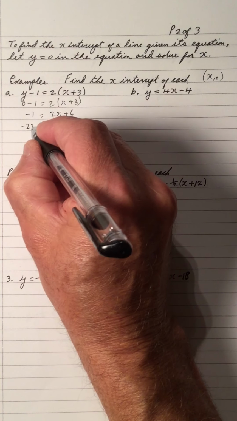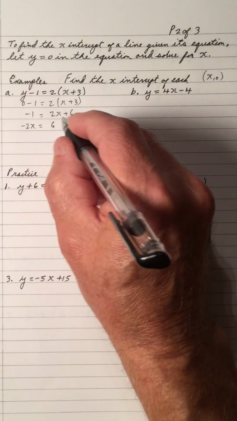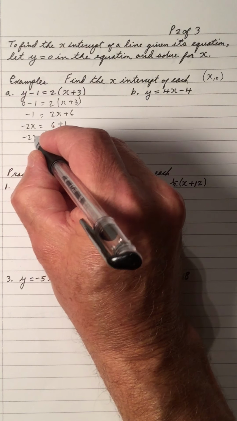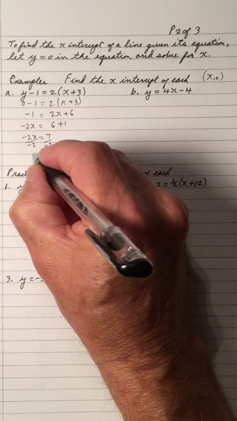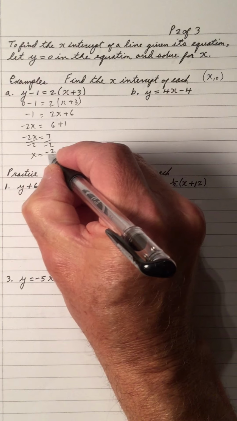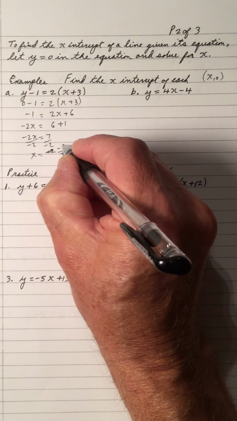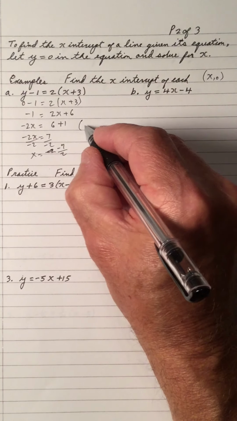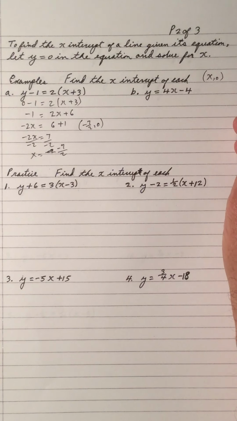The x moves to the left side to become negative, and the 1 moves to the right side to become positive. So negative 2x equals 7. Divide by -2. So x equals negative 7 over 2.